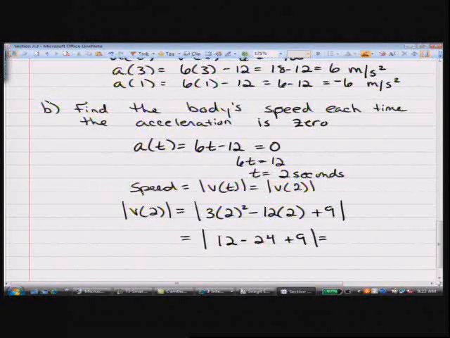And that's negative 3, but we take the absolute value, so 3 meters per second.